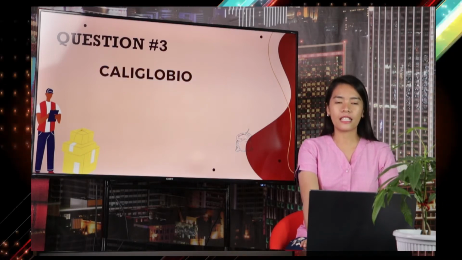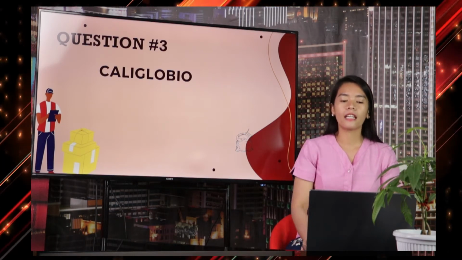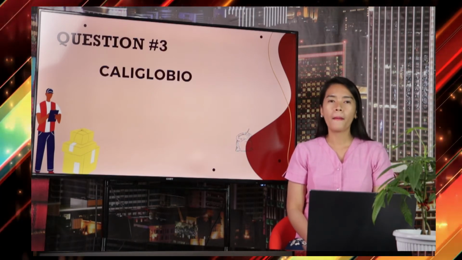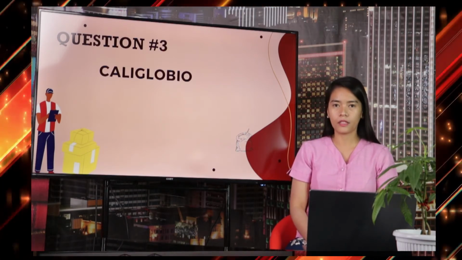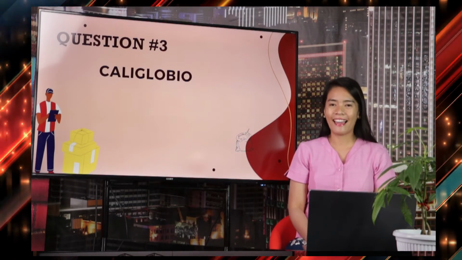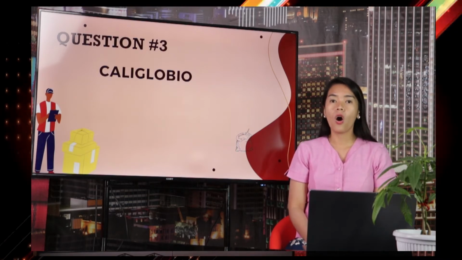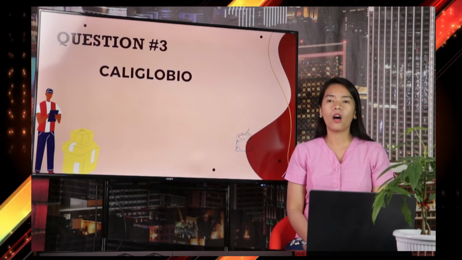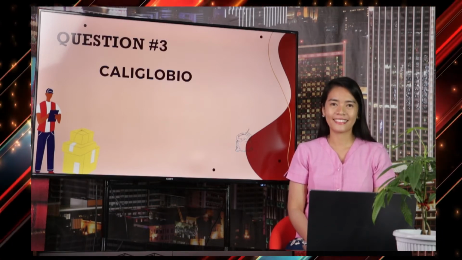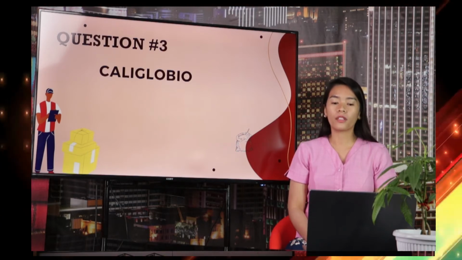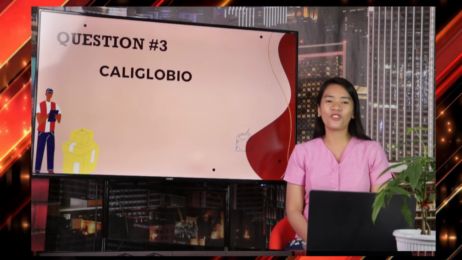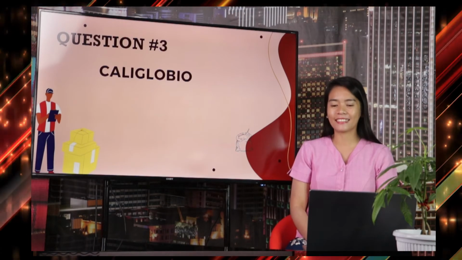Third item. We have letter C, A, L, I, G, L, O, B, I, O. Again, C, A, L, I, G, L, O, B, I, O. What word is formed from the jumbled letters?